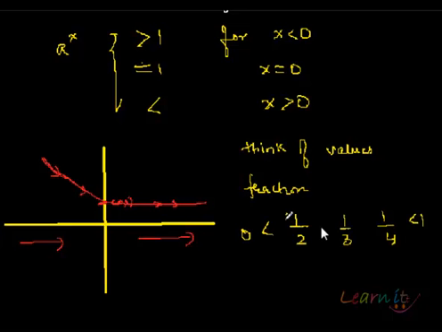So these are all values between 0 and 1, right? So 1 by 2 to the power x, 1 by 3 to the power x, 1 by 4 to the power x. Now, these all will have a decreasing graph.